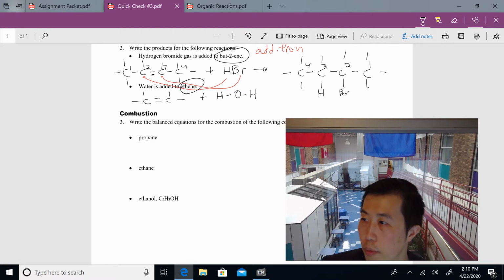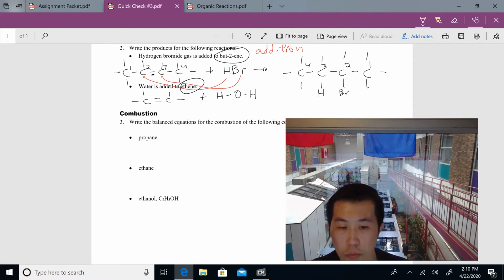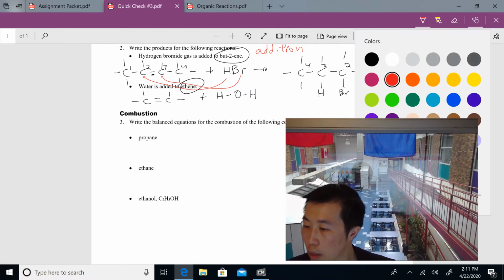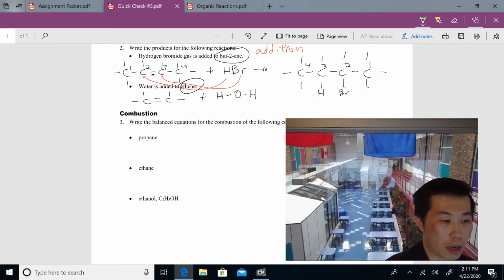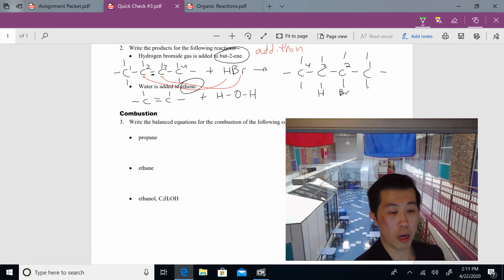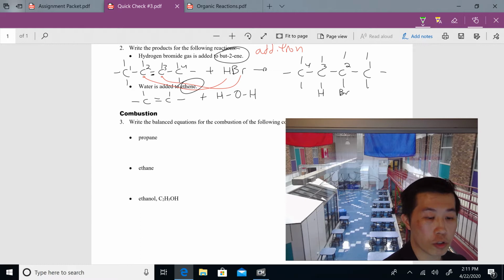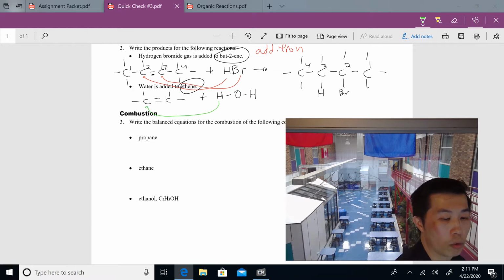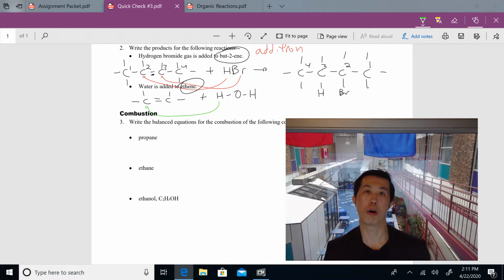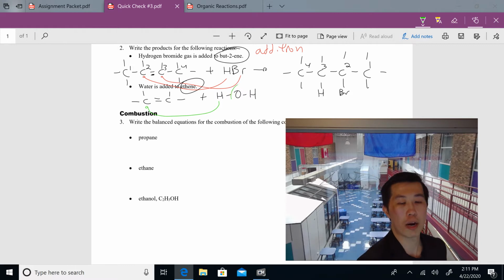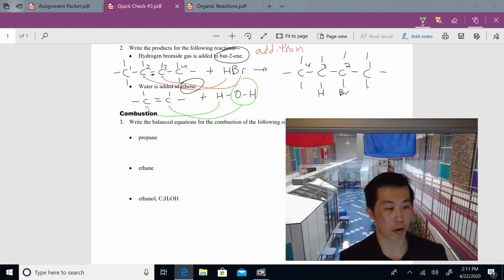So what's going to happen is that it's again another addition reaction, but this time you're going to hydrate. You're hydrating it. So one of the hydrogens from the water is going to attack the carbon there, and then this part right here is going to attack it right there.